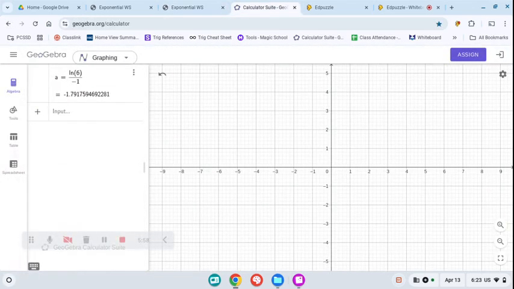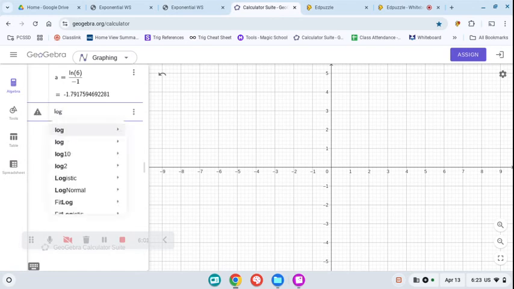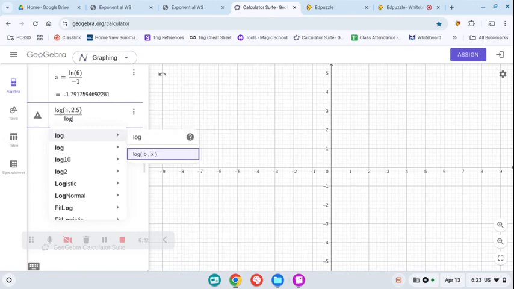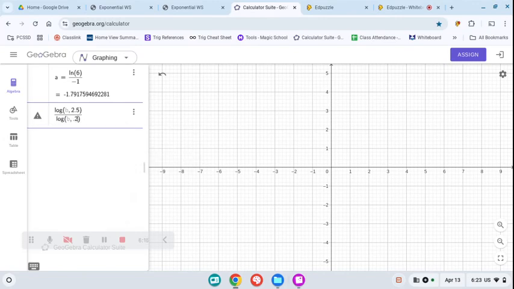Yep, let me make sure. Okay, hold on. The log of 2.5 divided by the log of 0.25.